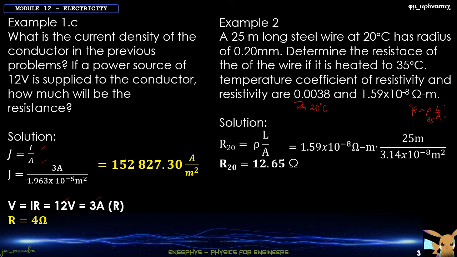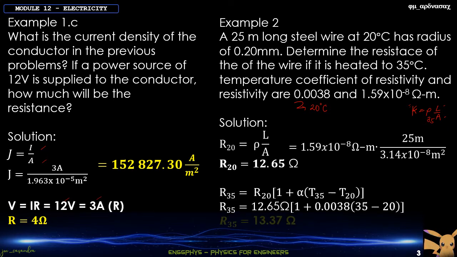Since we're given already our R20, we could now use the second equation, which is R35 equals R20 times 1 plus alpha times T35 minus T20. So I no longer need to solve for rho at 35, because I can solve it directly in this equation.